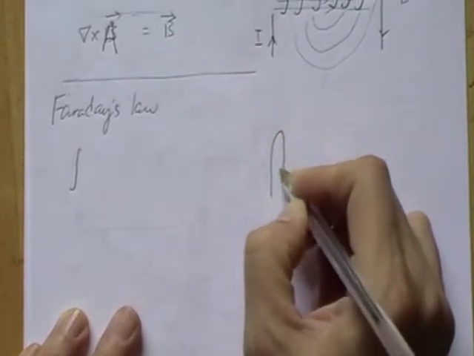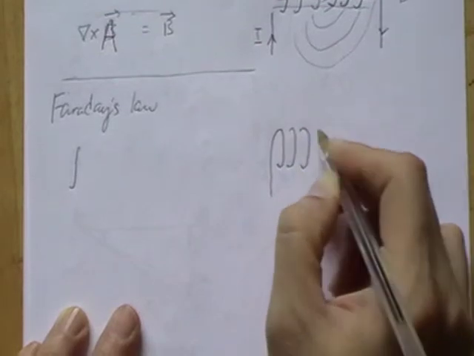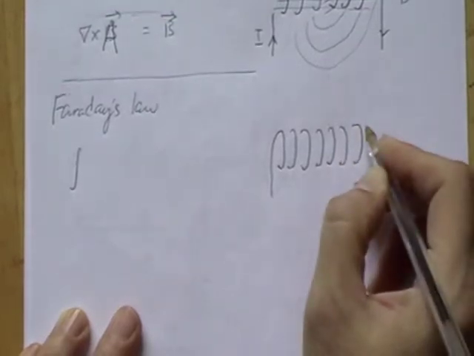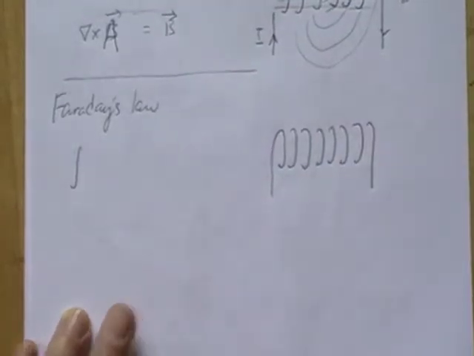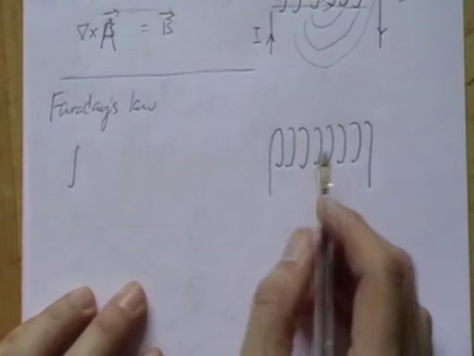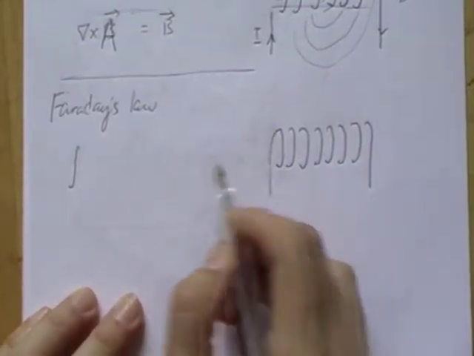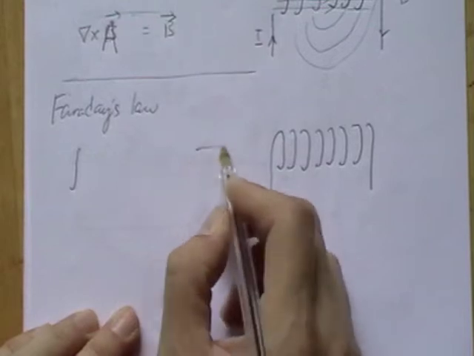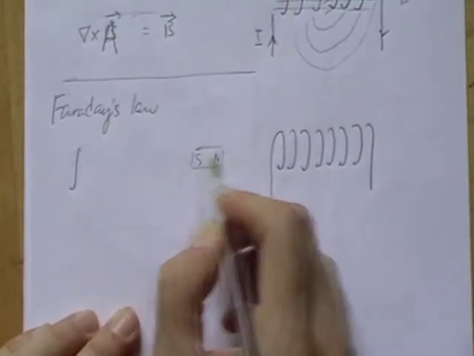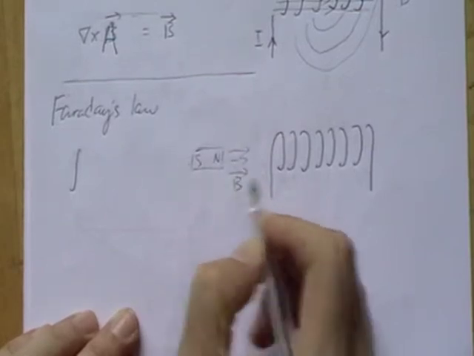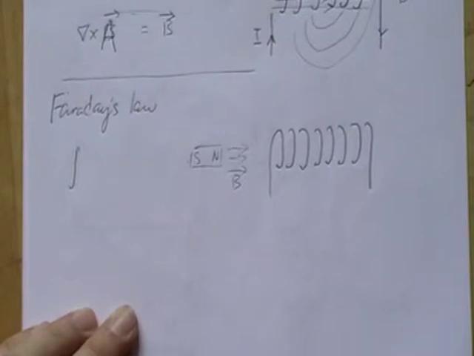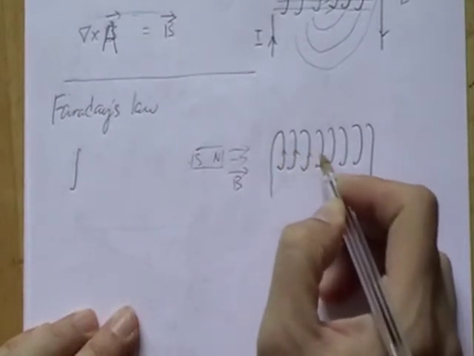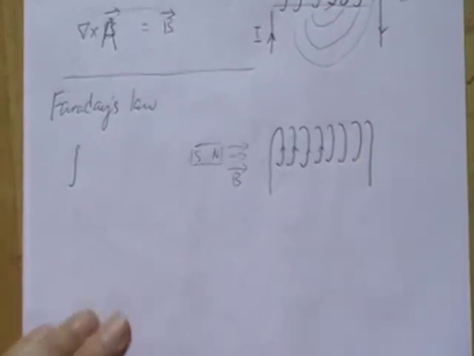Now, when we learn Faraday's law, we usually learn this example of a coil of wire, and let's say when we bring a magnet towards this coil of wire, that would induce a current. Okay, so that's Faraday's law.